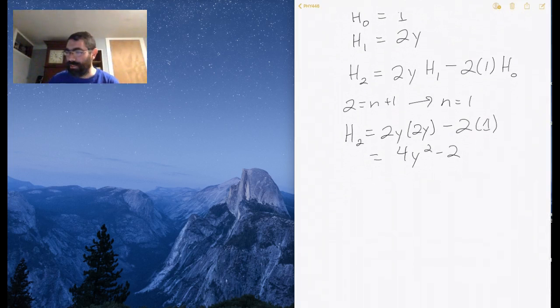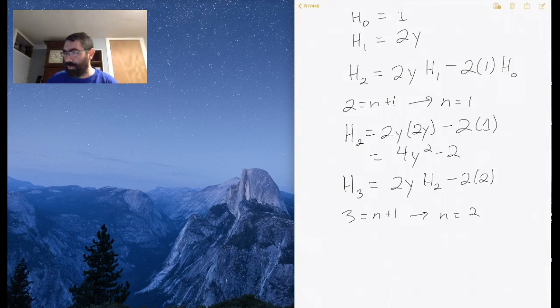If we tried H3, in that case now, we have 3 is equal to n plus 1, or n is equal to 2. So therefore, we would have 2y H2 minus 2 times 2 H1. And so H3 is 2y times 4y squared minus 2, minus 4 times 2y.